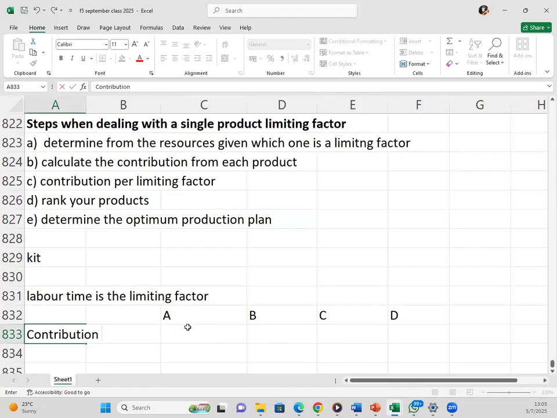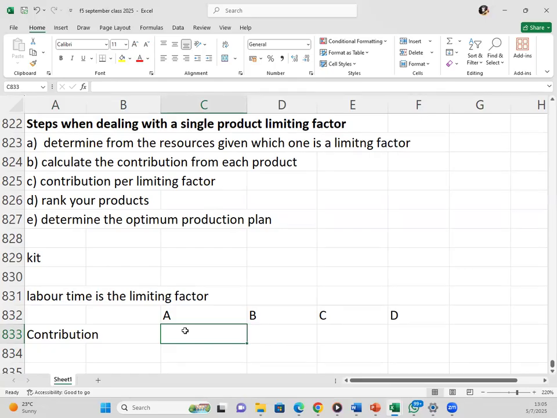So I was saying that for contribution, there are two approaches. We can say selling price less the variable cost. You can take your selling price, deduct all the variable costs, you get contribution. Or optionally, contribution, you can get it by just saying the profit plus the fixed cost.